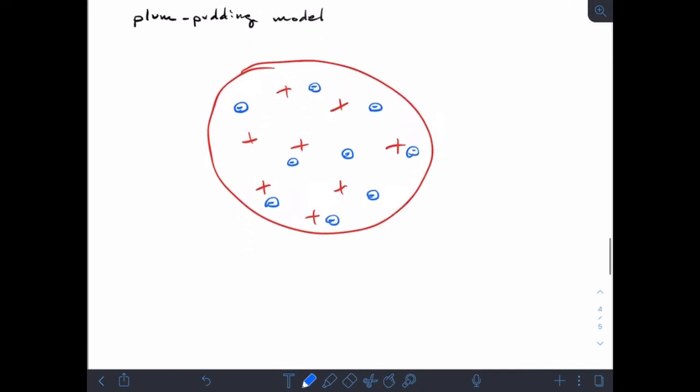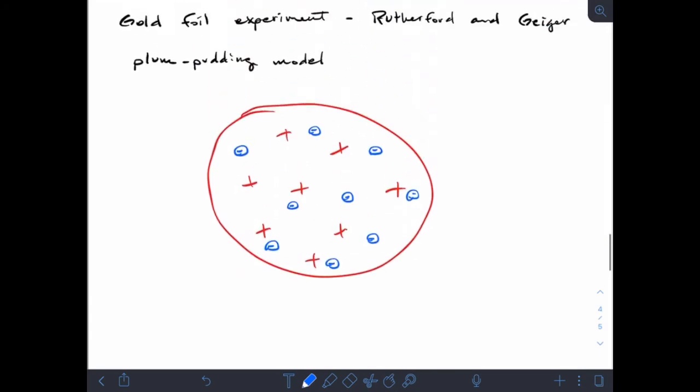the gold foil experiment makes an assumption that anything that is shot at that plum pudding model should fly right through. So what they did was they had the ability to send a beam of alpha particles. I'm going to say A for alpha. If the plum pudding model is correct, that beam of alpha particles should fly straight through.